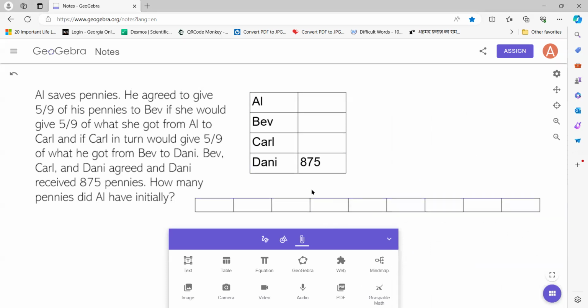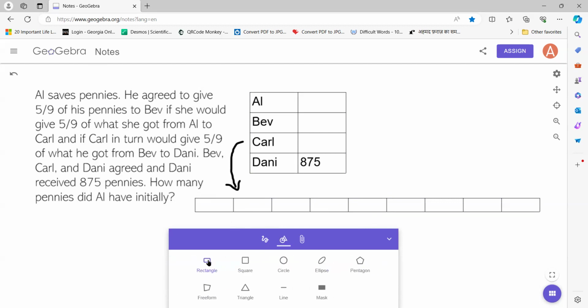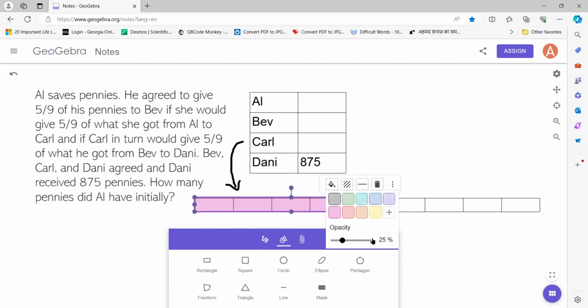This is a fraction strip, and let's say we are talking about Carl here. This is all the pennies that Carl got, and we do know 5/9 of those. So 5/9, let's see how I can shade 5/9. This many. This is what Danny got.